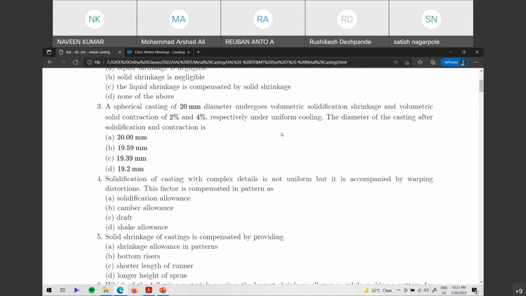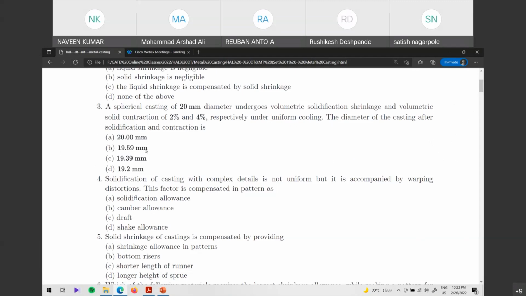Then you do all these calculations, and you'll easily get the answer as 19.59. I will do this calculation tomorrow. First I'll take all these things into one slide so that we'll be able to do the solution there itself. Okay, the answer is B.